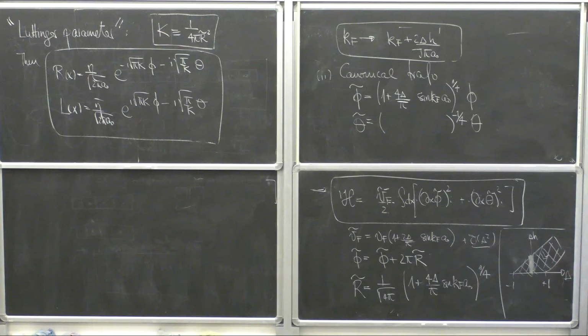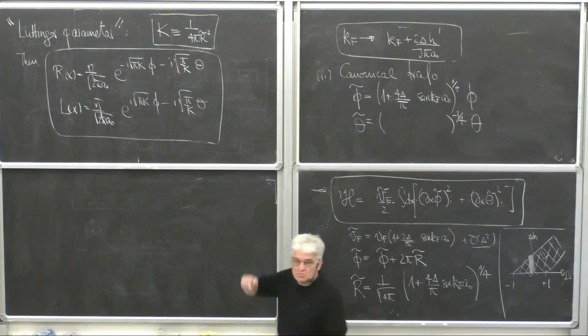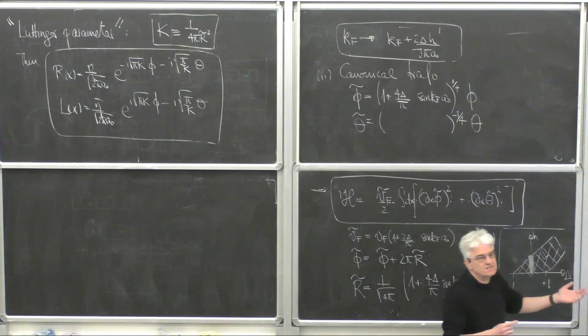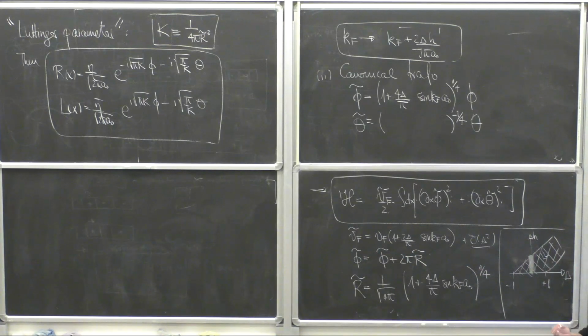The only modification required is that you have to adjust the two parameters of the free boson, the velocity and the Luttinger parameter. So different points in here are characterized by different velocities and different Luttinger parameters, but the same bosonization formulas hold, and you have the mapping to the free boson.